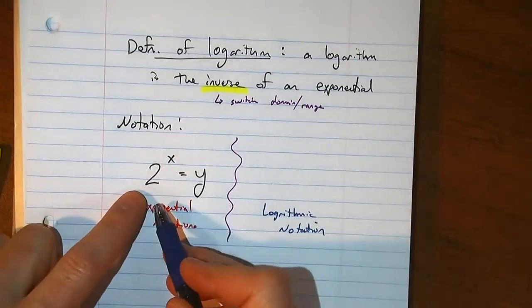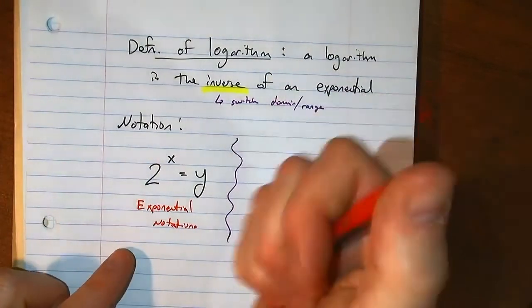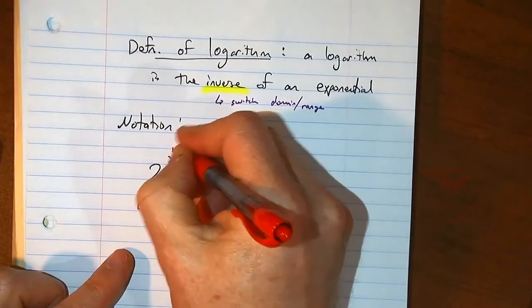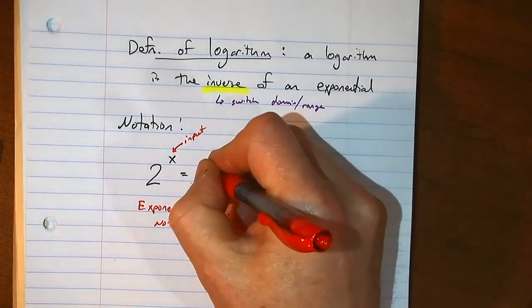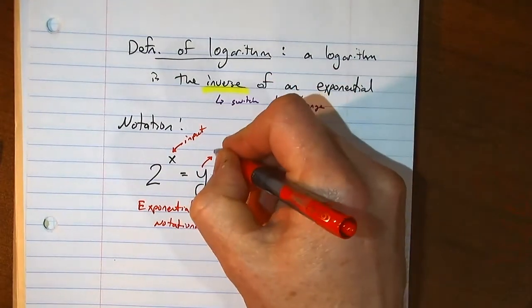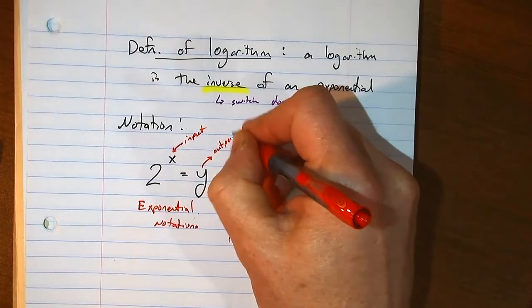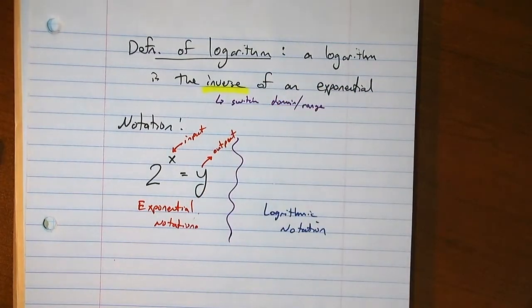So in my exponential expression, my inputs are going in here for x. That's where my domain is. And my outputs are coming out as the answer. That's my y.